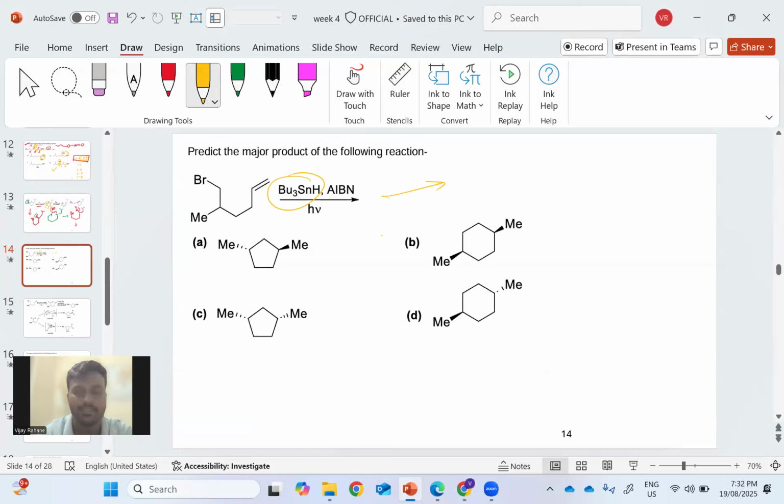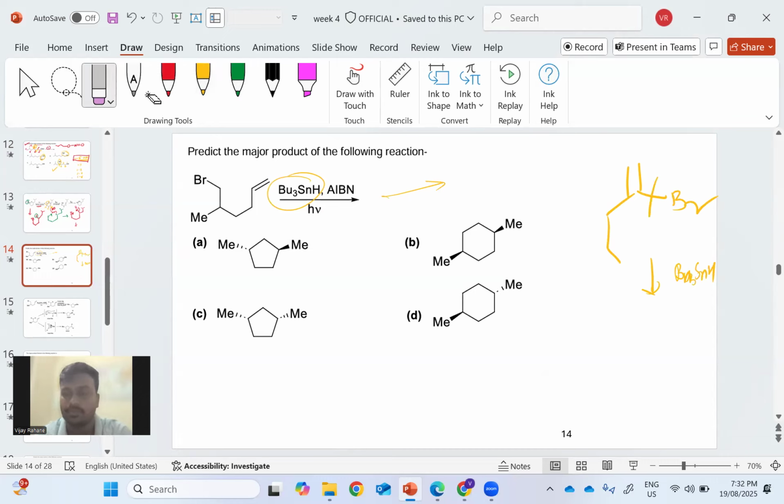I will roughly show you what happens when this reagent reacts. Earlier we saw one example with such a bromo compound and some other groups. But once this group reacts with Bu3SnH, in principle it forms a radical.